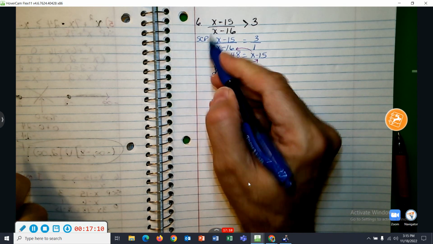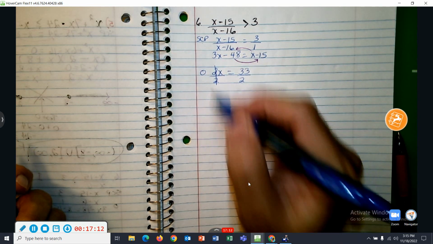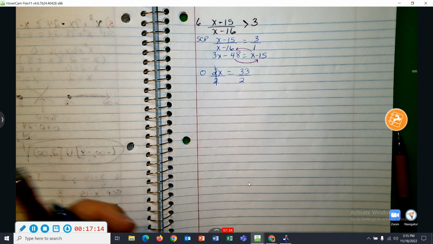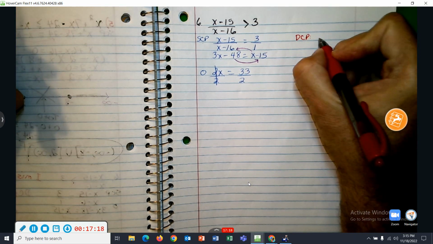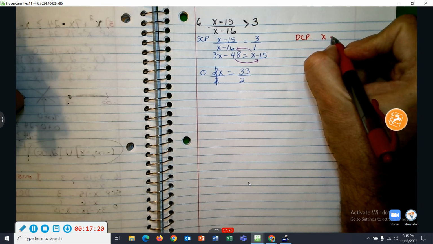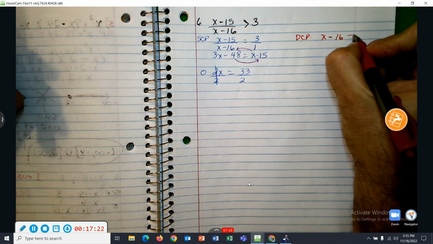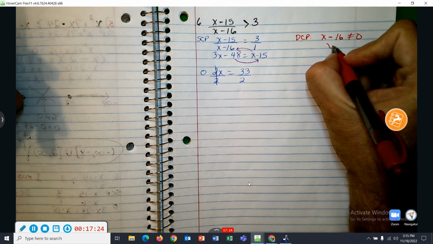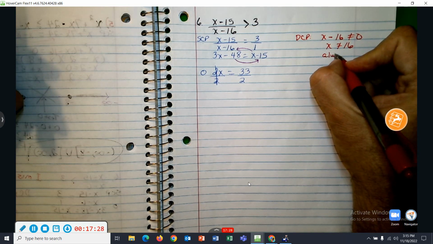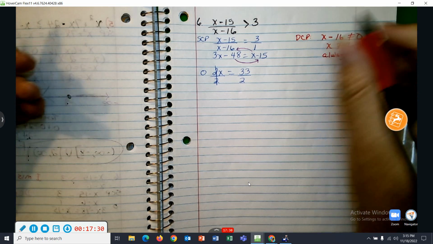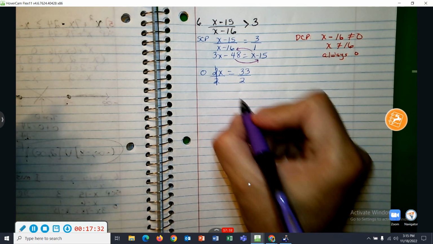This solution cut point still has an open circle. There's no equal sign on it. The denominator cut point: x minus 16 can't be 0. x can't be 16. Always an open circle at the denominator cut point.